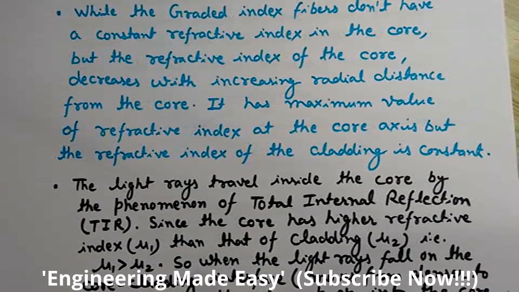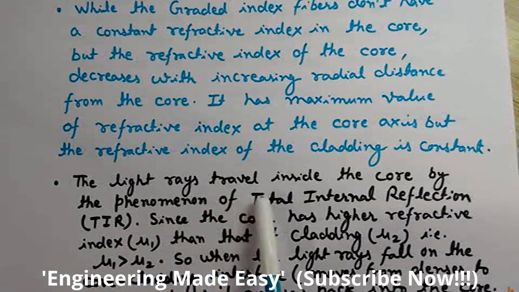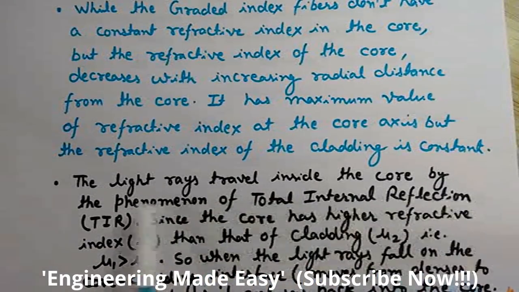Now let's discuss the total internal reflection that takes place inside the optical fiber. The light rays travel inside the core by the phenomenon of total internal reflection, TIR. The light rays that propagate through the optical fiber do not enter into the cladding.